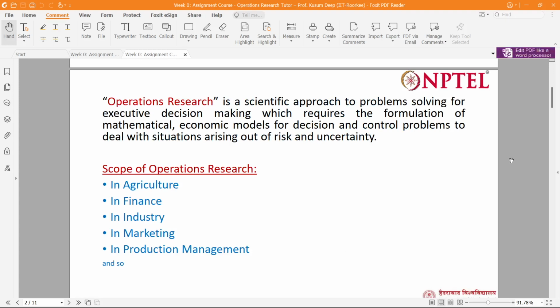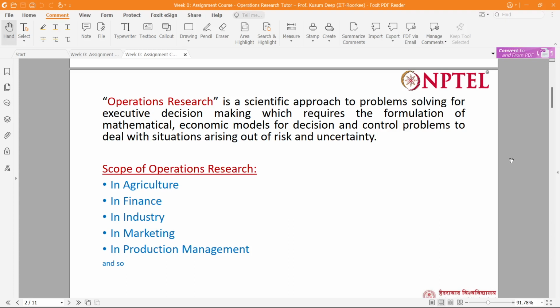What is operations research? Operations research is a scientific approach for making decisions to solve real-life problems by formulating mathematical models. The development of operations research has entered successfully into many different areas, in research for military, government and industry, and also in various fields like agriculture, finance, industry, marketing, personnel management, production management, LIC, and so on.